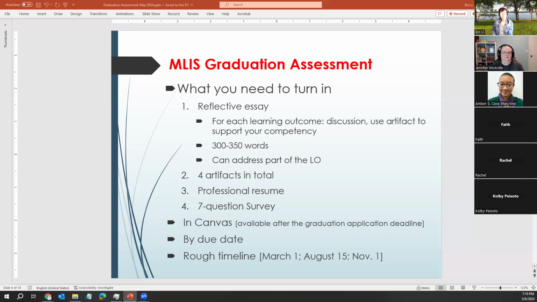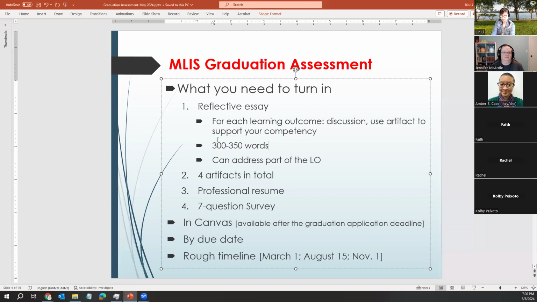So it's about 300 words per learning outcome, and then you have the beginning, introduction, and conclusion.